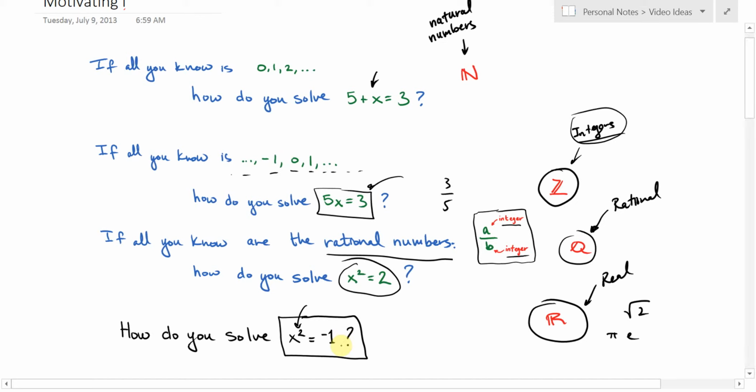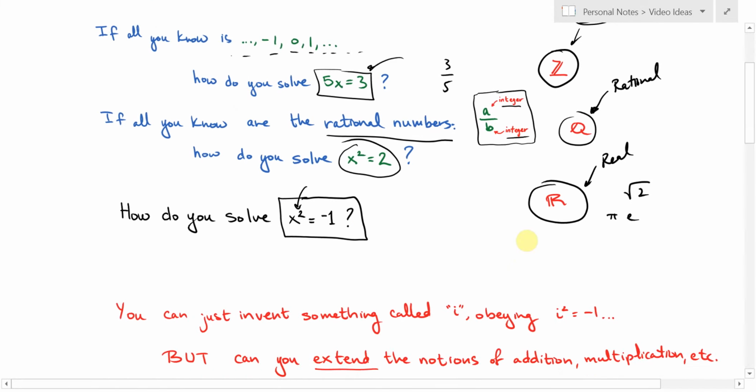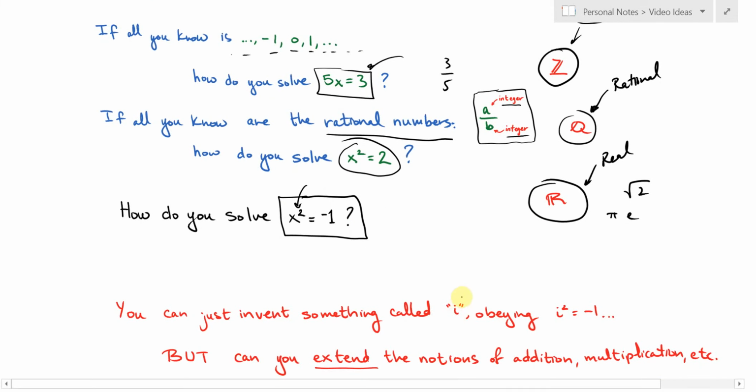How on earth are you ever going to get negative 1? So you extend the notion yet again. Each time, historically, you invent these new numbers. So you can just invent something called i, this new number little i, that obeys the property that squaring it gives you negative 1.